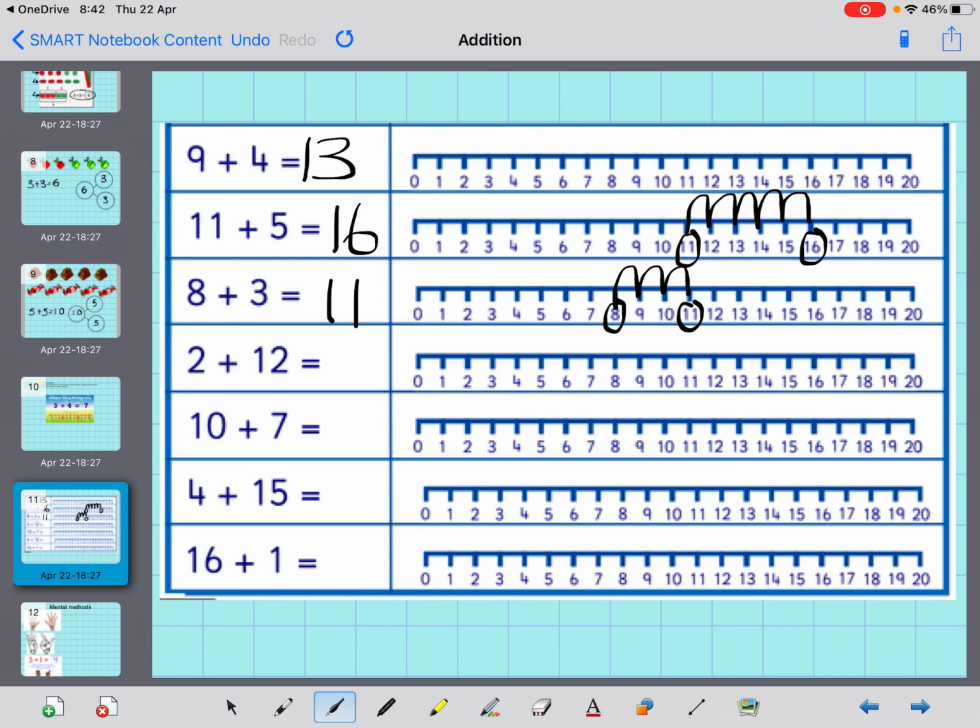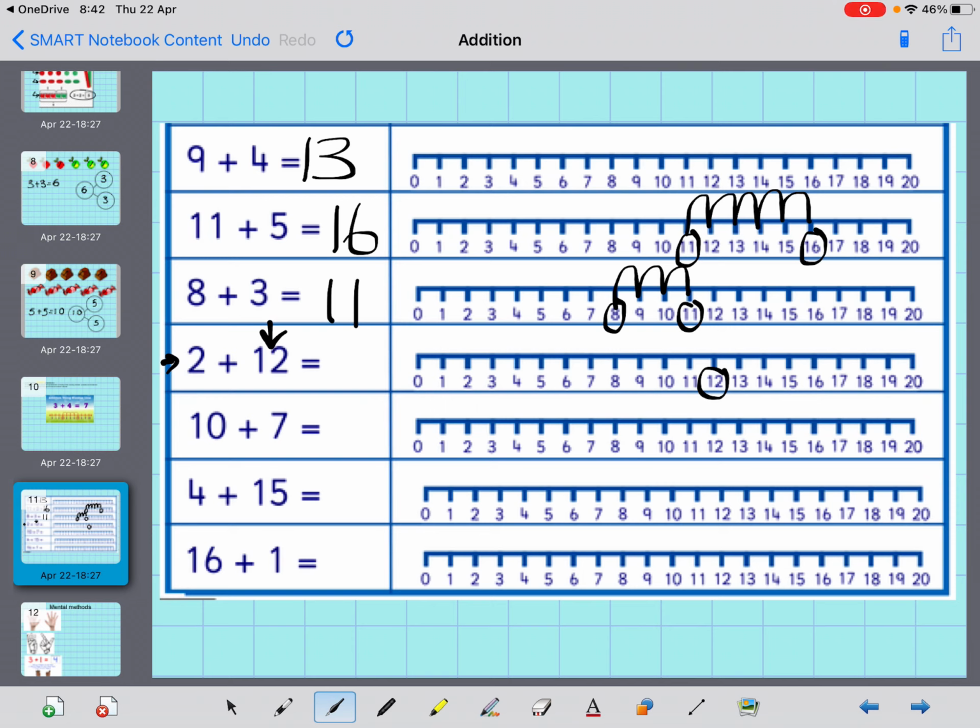With a question like the next one where it says 12 add 2, so that the children aren't having to do 2 add 12, so 12 jumps, that's a lot of jumps to do, I would start on the biggest number, on the number 12, and add 2 more. Because we know that addition can be done in any order, you can either do 2 add 12 or 12 add 2.